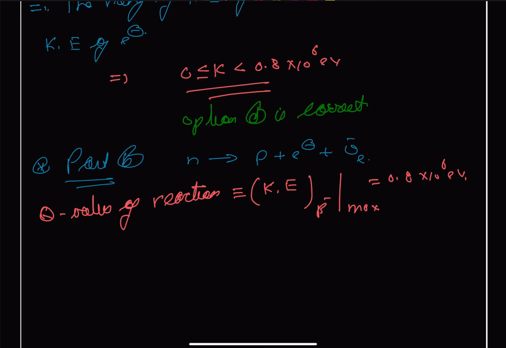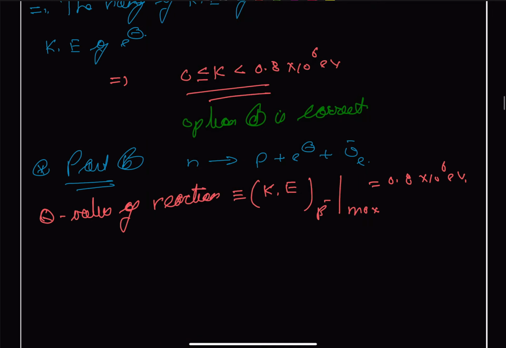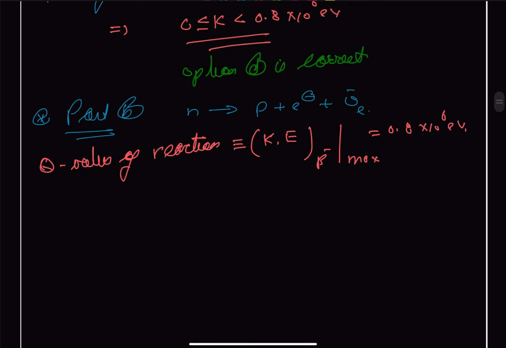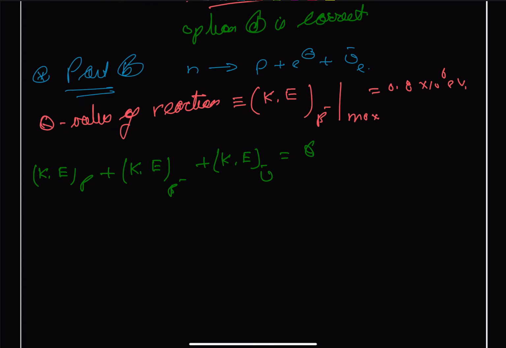Therefore, we can write the equation that the kinetic energy of the proton plus the kinetic energy of the beta negative plus the kinetic energy of the antineutrino is equal to Q. But it is mentioned that the kinetic energy of the proton is approximately equal to 0.